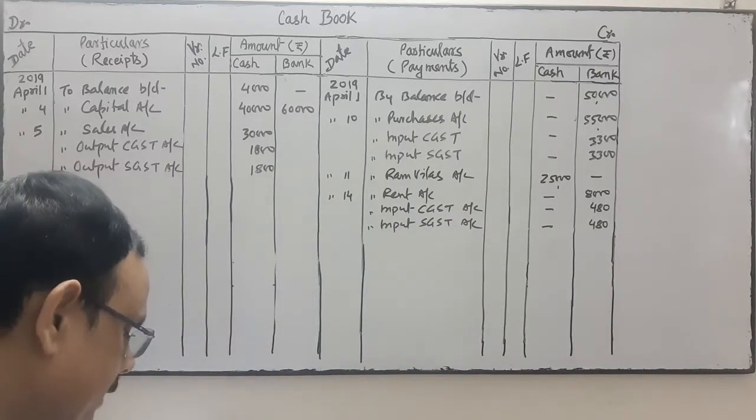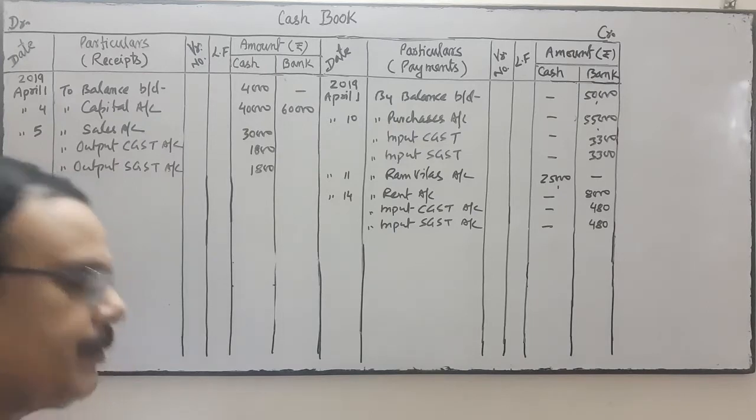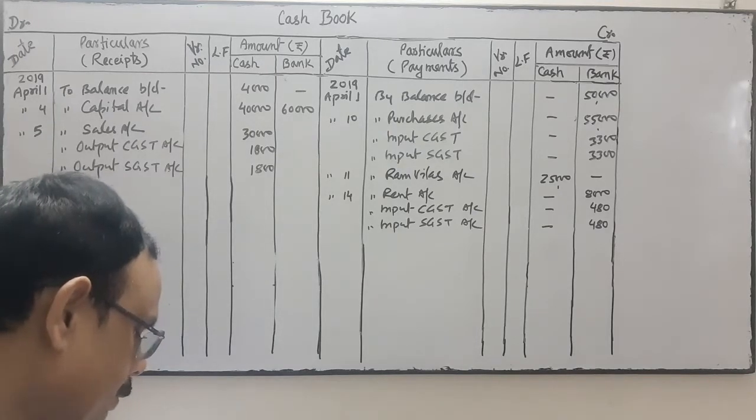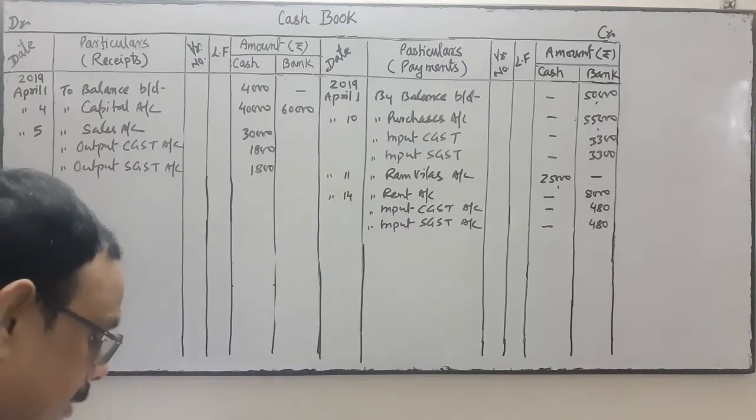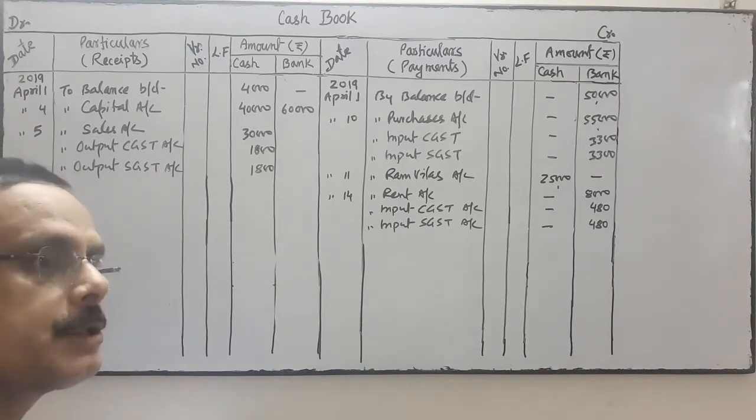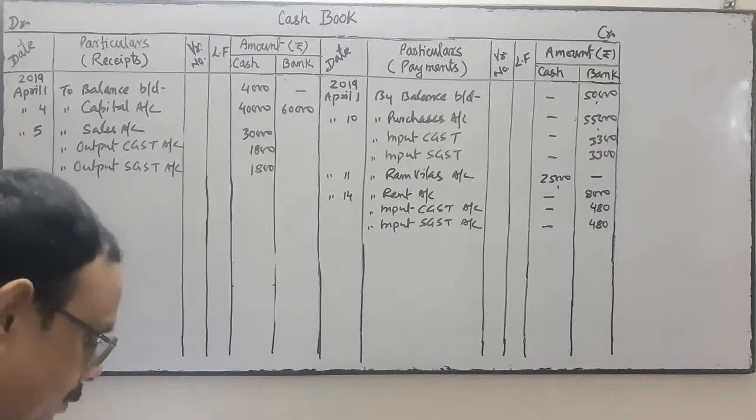office furniture purchased and a check of rupees 22,400 issued for the same, including CGST and SGST. This 22,400 is including CGST and SGST.